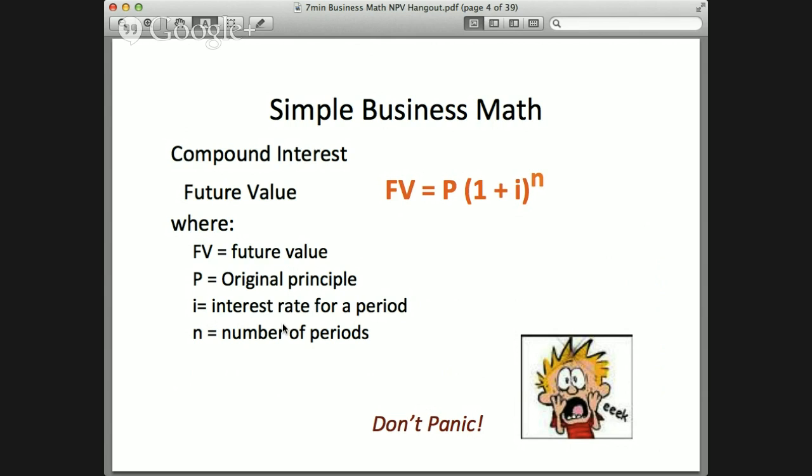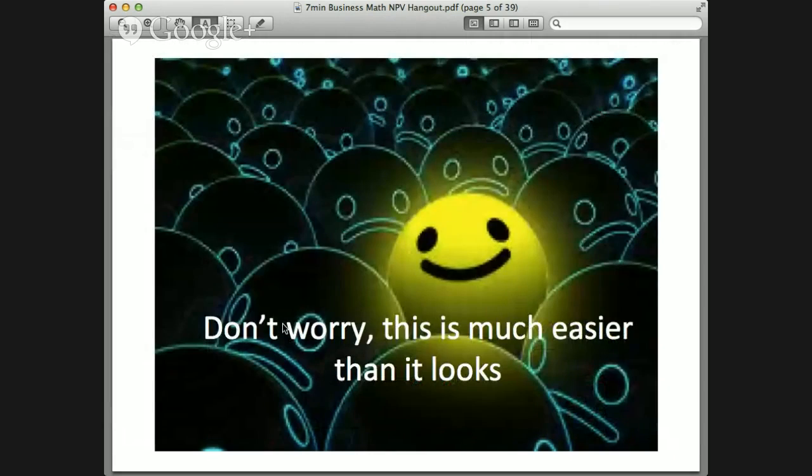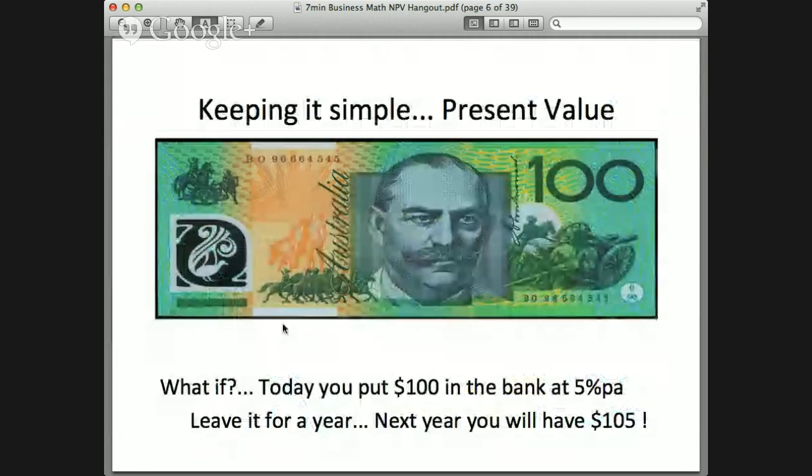So please don't panic. I know when I was growing up, and even these days, some of the formulas make you think, oh my goodness. But believe me, don't worry, because this is much easier than it looks.